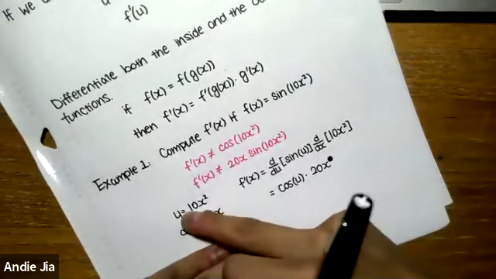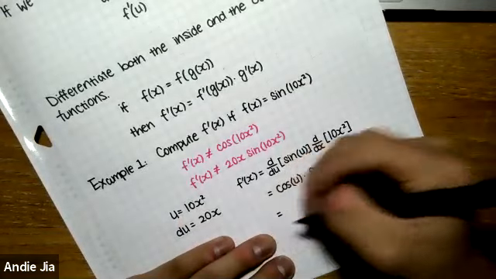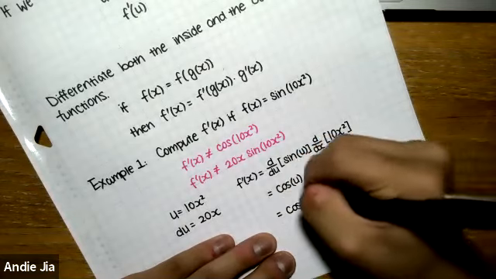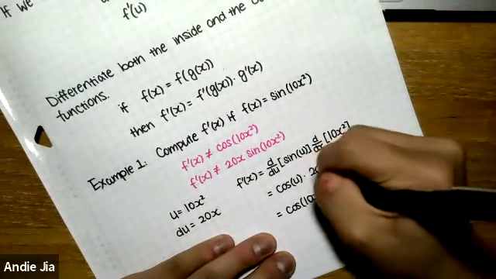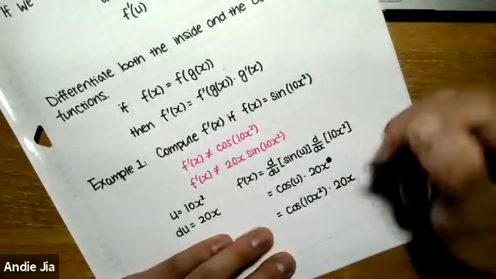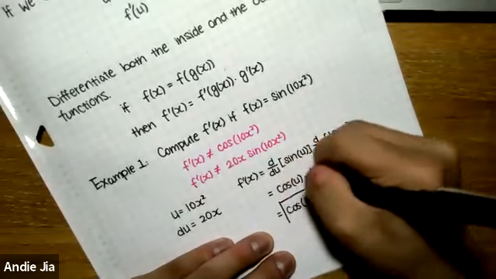We substitute the u back here, and we have cosine of 10x to the squared times 20x as our final answer.